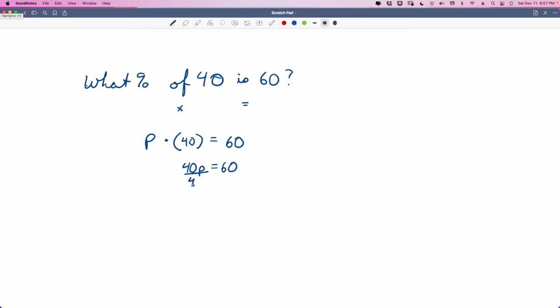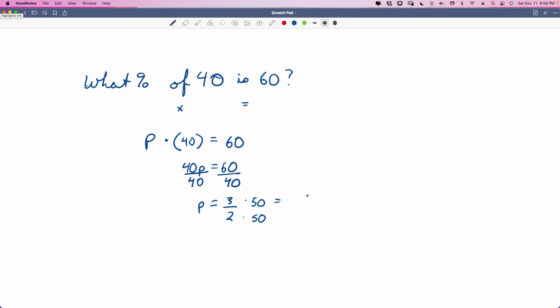So we just divide both sides by 40. This becomes 1P. That equals 60 over 40. That's going to be 3 over 2 when we reduce that. To get the 2 to equal 100, we multiply the top and the bottom by 50.